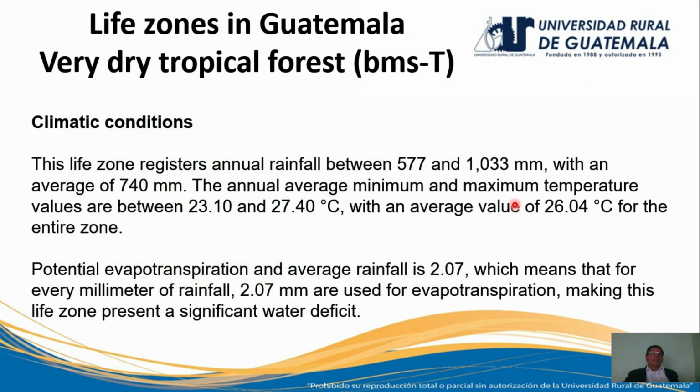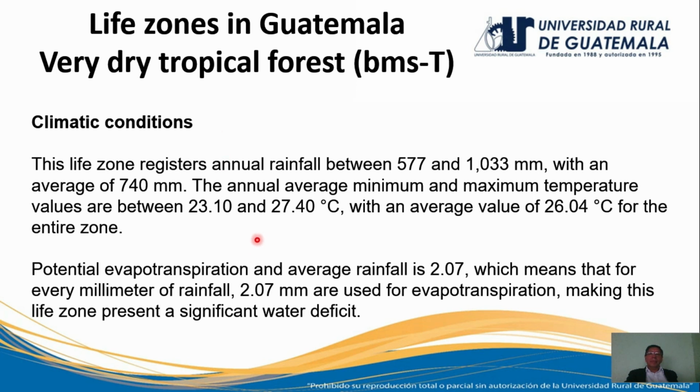The climatic condition of these zones registers an annual rainfall between 577 and 1033 millimeters, with an average of 740 millimeters per year.